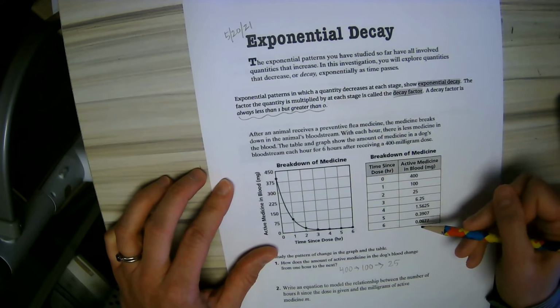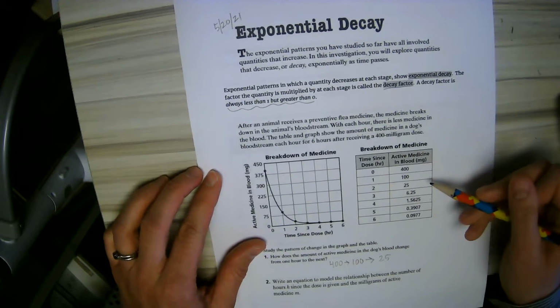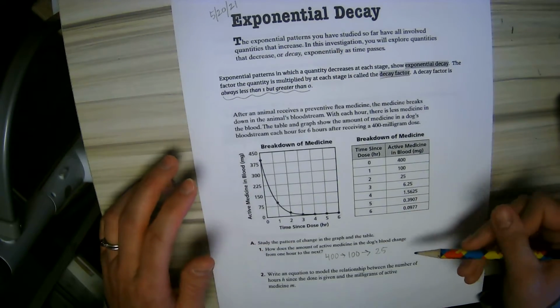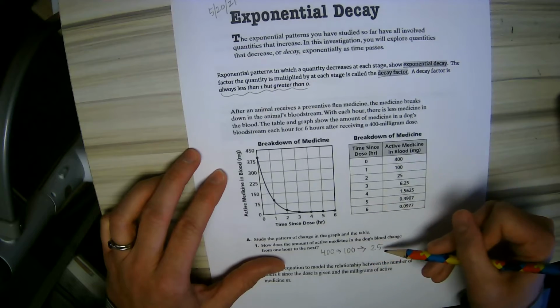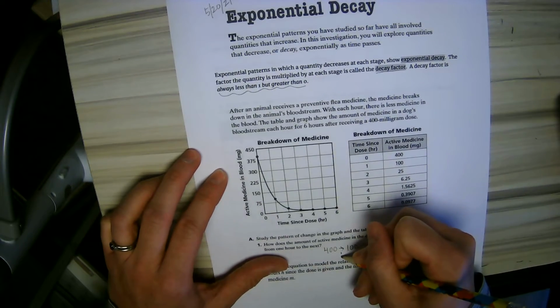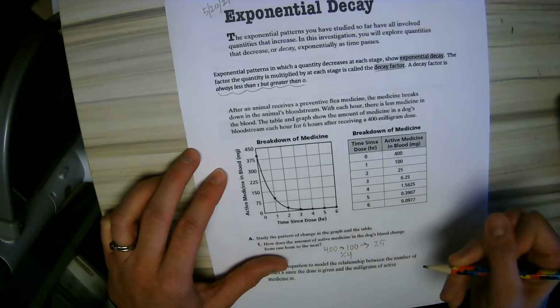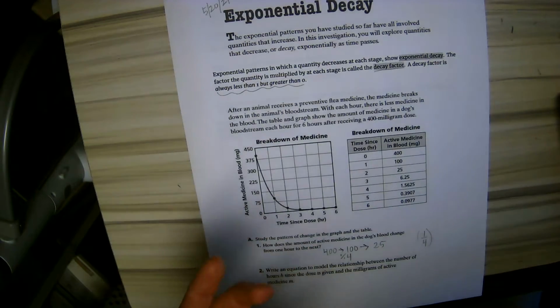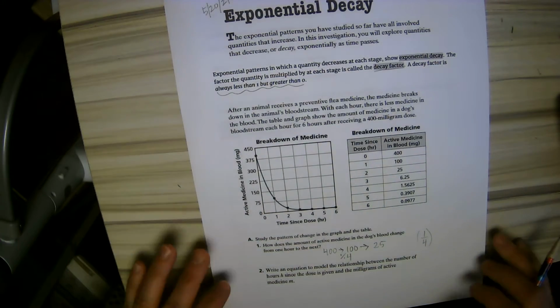Oh, look, the table would have been easier than me estimating. And then you can see it's being divided by 4, right? And we know that's the same as multiplying by 1/4. And that could be our decay factor because it's between 0 and 1.